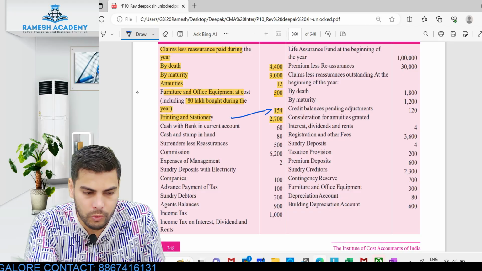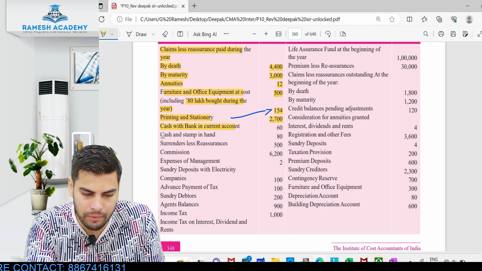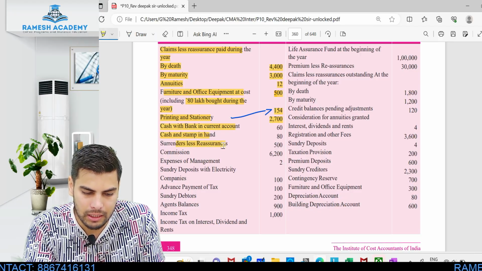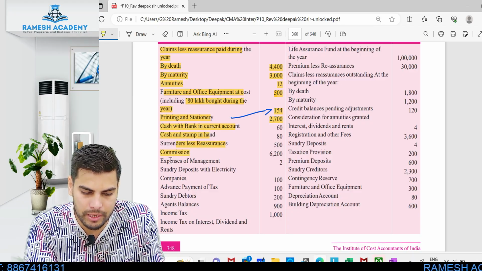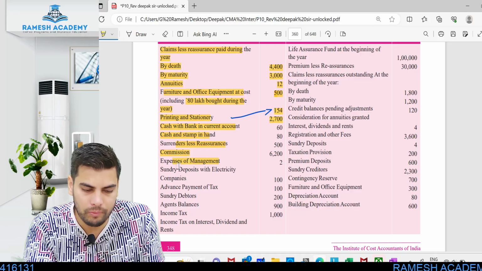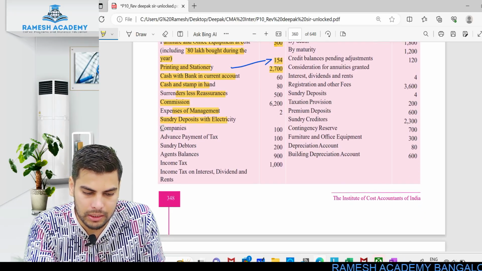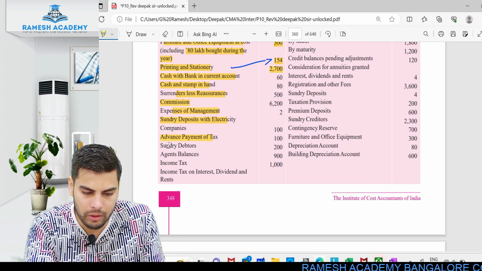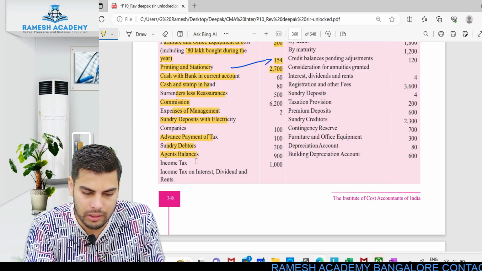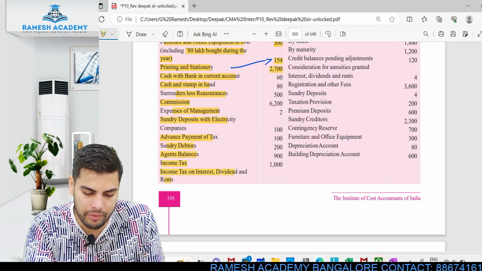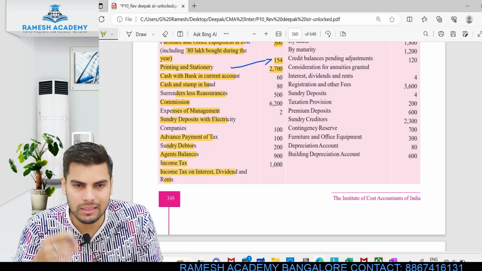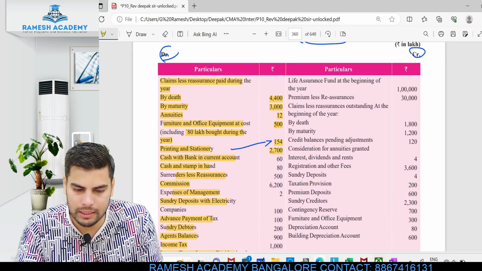Cash and balance with bank has been given, cash and stamp in hand, surrender less reassurance, commission has been given, expenses for the purpose of management, sundry deposits with electricity companies. Advance payment of taxes, sundry debtors, agents balances, income tax has been given, income tax on interest, dividend and rent has been given. There's slight alignment problem. I hope you guys can just manage that.